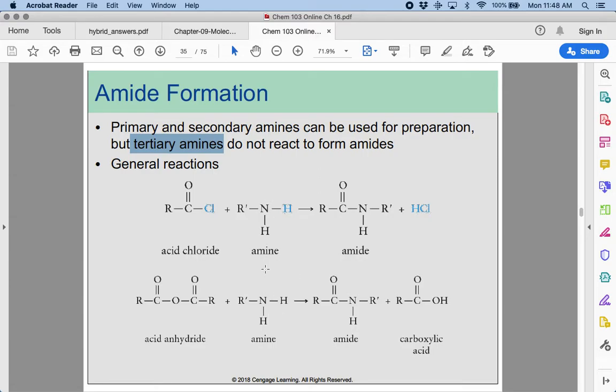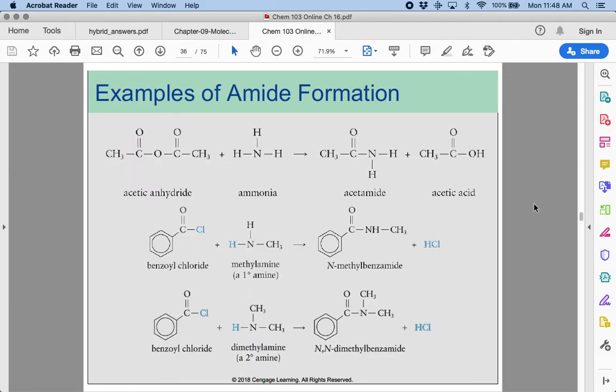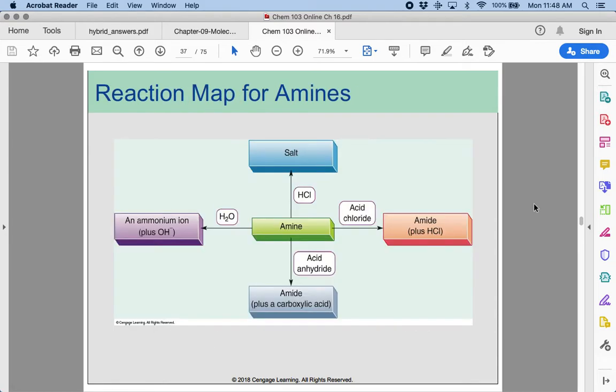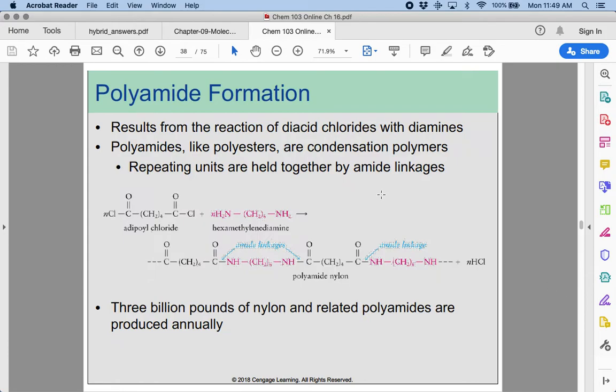So if we have a tertiary amine with an acid chloride or the anhydride, we won't have a reaction produce an amide. There won't be any reaction going. So again, here we show our little map that takes us through the different reactions an amine can undergo.